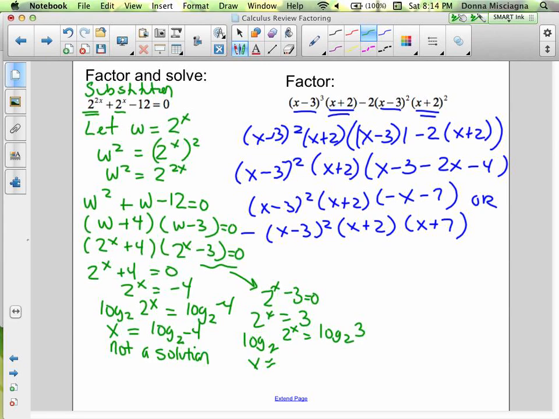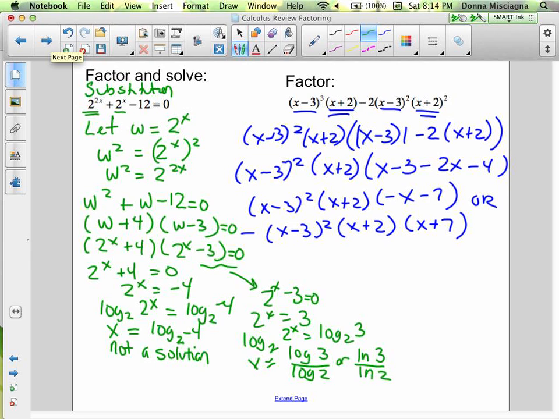All right, so let's use the change of base formula. It's log of the result over log of the base, or natural log of the result over natural log of the base. That's the exact answer, and that's good enough for me.